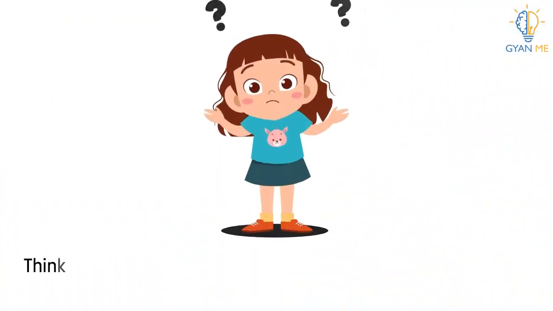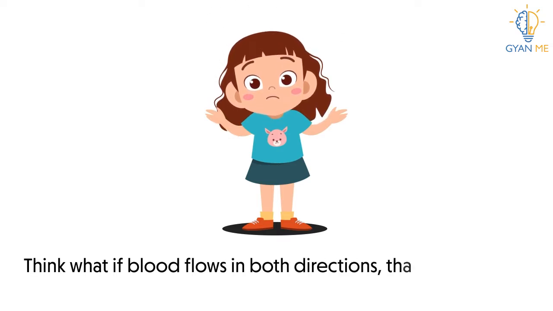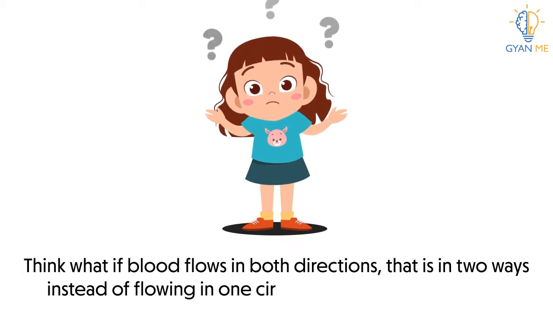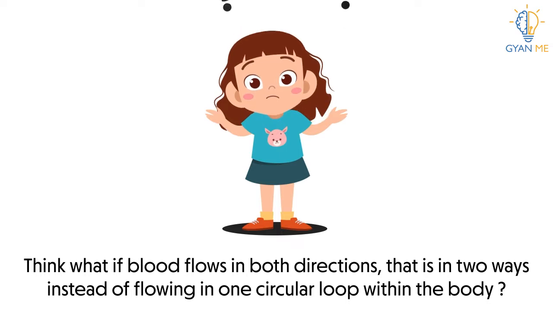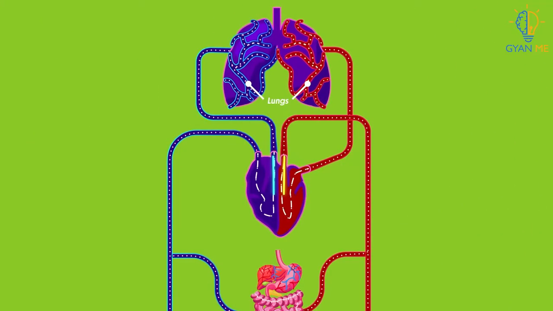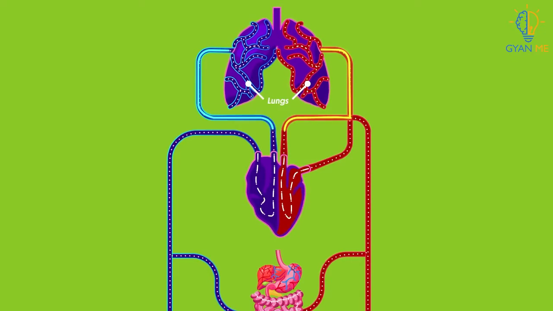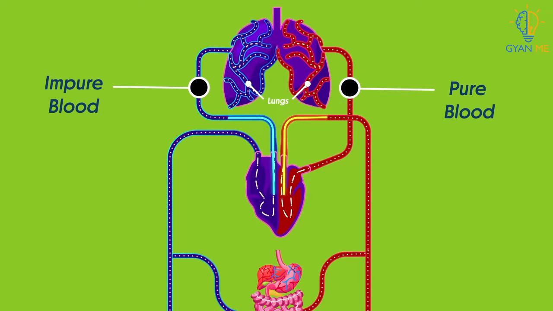Now students, think what if blood flows in both the directions? That is, in two-way instead of flowing in one circular loop within the body. So students, if there is two-way flow in the body and heart, then the pure blood and impure blood will get mixed in the heart itself.